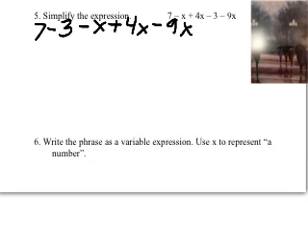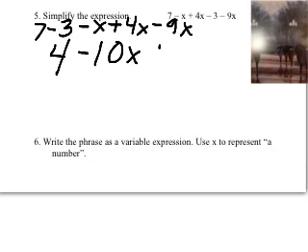So 7 plus a negative 3 is 4. I can add the two negatives together. A negative x plus a negative 9x is a negative 10x. And then plus a positive 4x. So, this way you're just adding signed numbers together. It's an easier way to think of it.